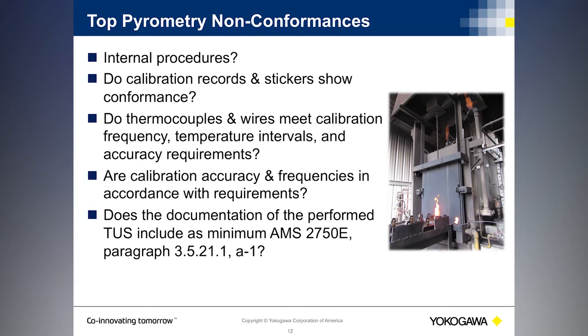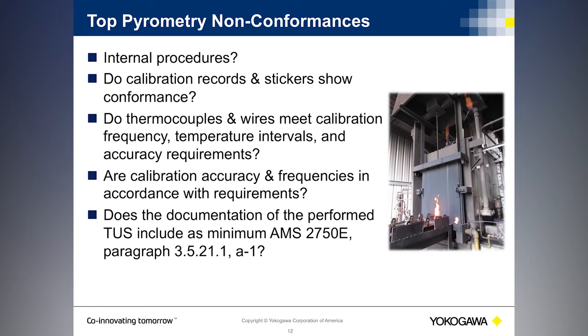Well, I'm going to go over some of the top pyrometry non-conformances as brought out by PRI. These always seem to be reoccurring out of most of the audits. Normally, 8 of the top 10 findings are pyrometry related, besides job audit questions. Some of the top ones are: are internal procedures for pyrometry addressing all the aspects of 2750 or customer specifications?